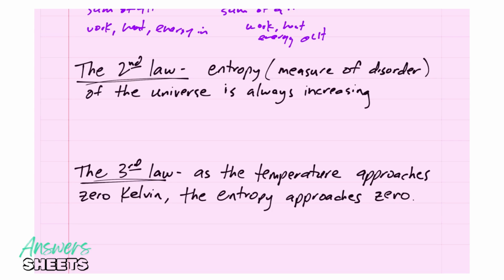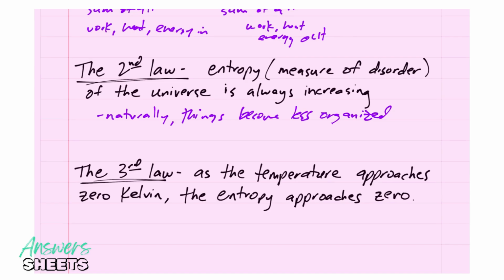The second law is tough, a little more abstract, talking about entropy. It says the entropy, or the measure of disorder of the universe, is always increasing. It's just saying that naturally, things become less organized. I mean, is that not true? In my house, I've got three kids, and naturally things are going to get less and less organized unless we put work into it.